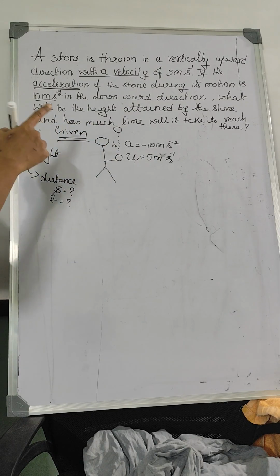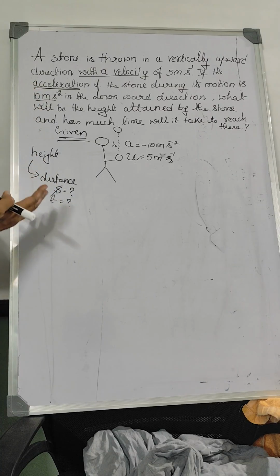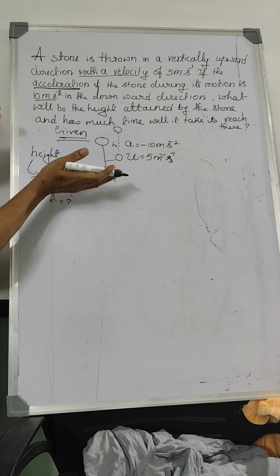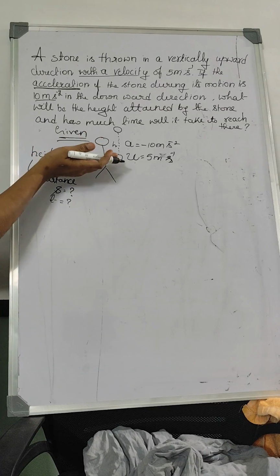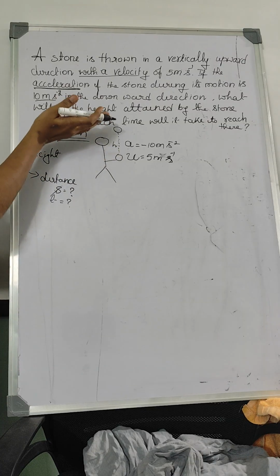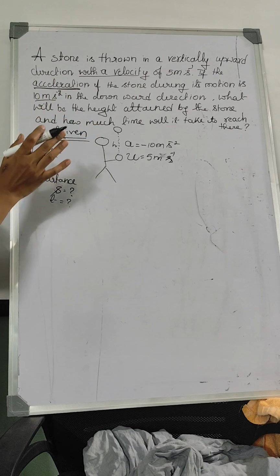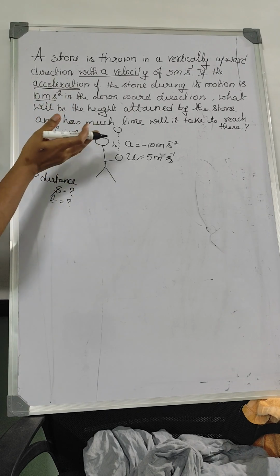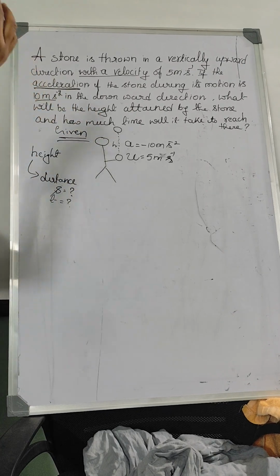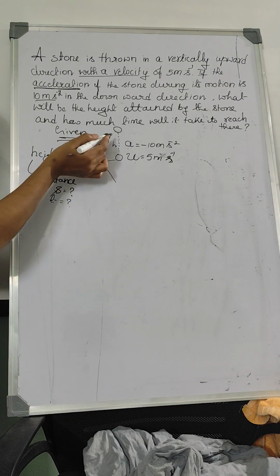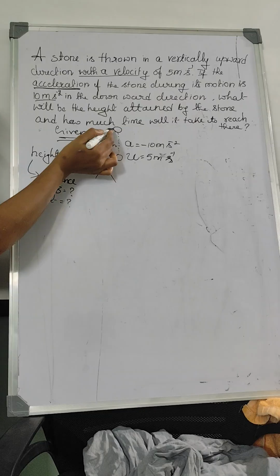If you observe the problem very carefully, you can notice they have given one more piece of data. They are only talking about the part of the motion where the stone is reaching a certain height. We know that after reaching a certain height, any object will come down. So here they are talking about only this height.